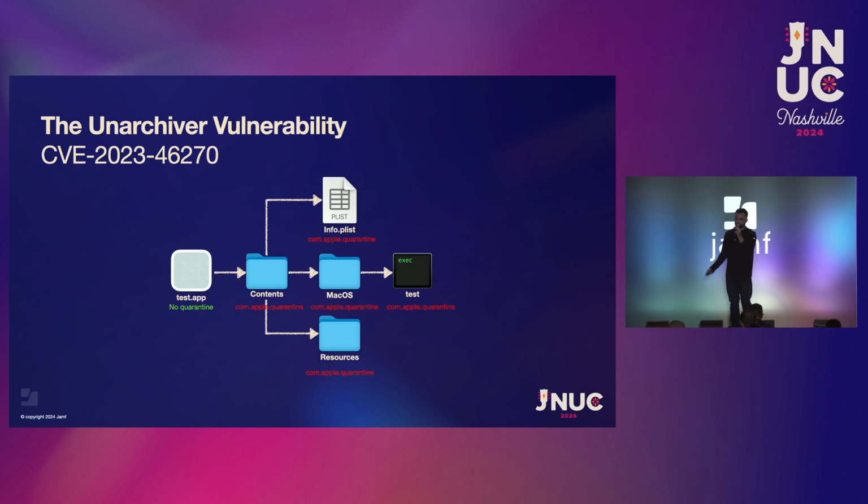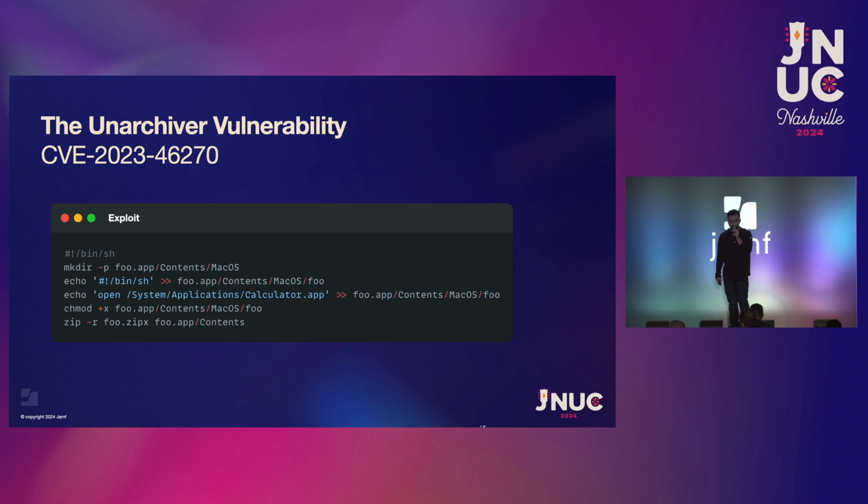So instead, we observed the following quarantine attributes when we crafted an archive and extracted it with The Unarchiver application. The following is the bash script, and in this case, we're using a zipx extension. You could use any extension. The only reason we use a zipx extension is because we want The Unarchiver application to extract our archive by default.